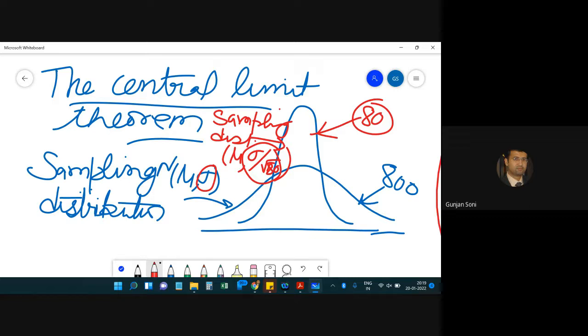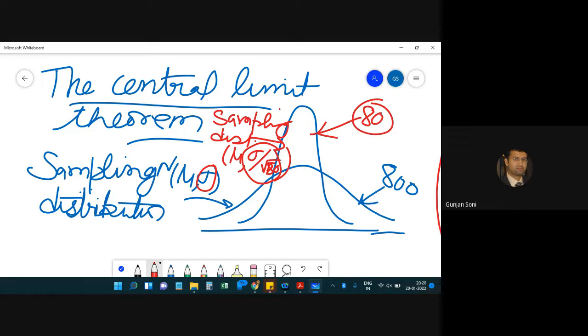See, it's quite simple. The more people you take, the more variation you are accounting for. If you take 800 people, definitely you can think that you will find more variation in the height, because here you are taking all the variation which exists, and here you are just taking a sample. There is a good chance that it is not covering all the variation.